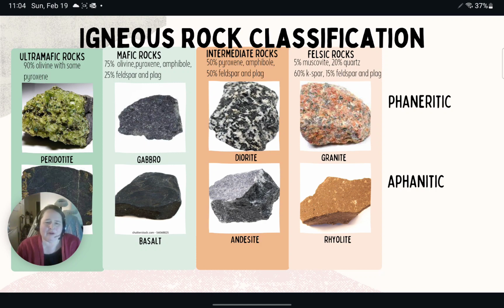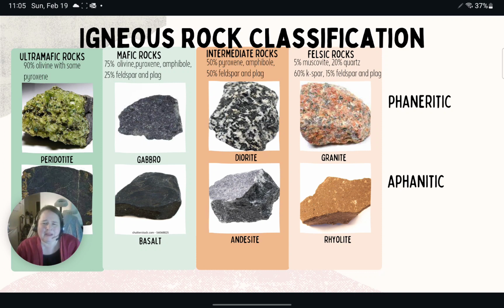If we come over to the far right and look at this example of a phaneritic rock, you can see all the different colors of feldspar and plagioclase and K-spar in there and some quartz and muscovite.